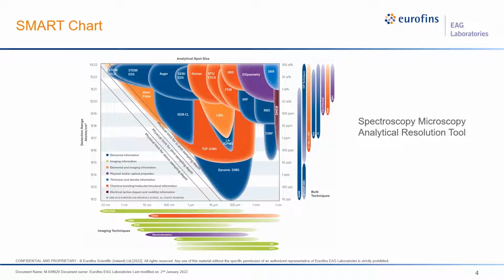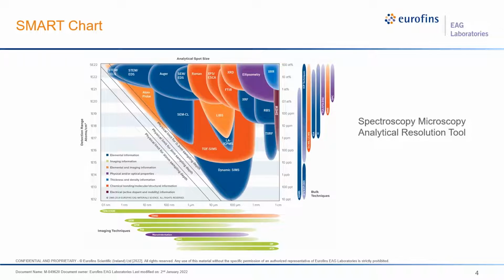This chart shows all the techniques available at EAG. We call it the SMART chart. It stands for Smart Spectroscopy and Microscopy Analytical Resolution Tool. The vertical axis of this chart represents the concentration detection limits in atoms per cubic centimeter or in atom percent. The bottom axis represents the analytical spot size or the feature size that each technique can analyze.